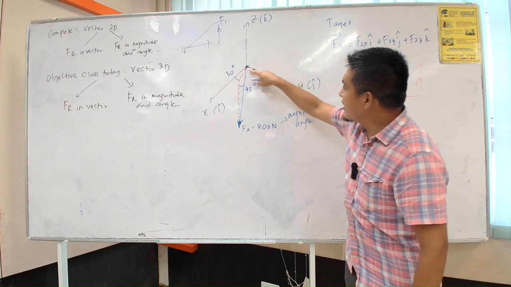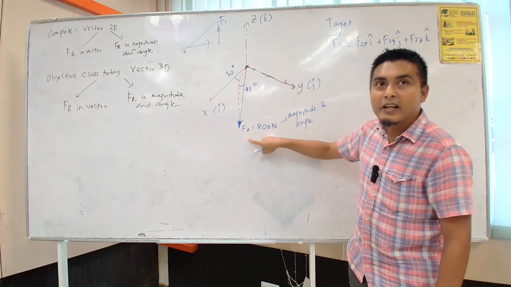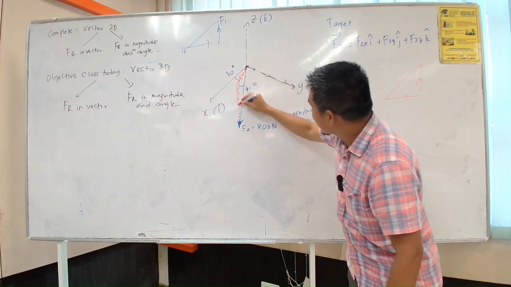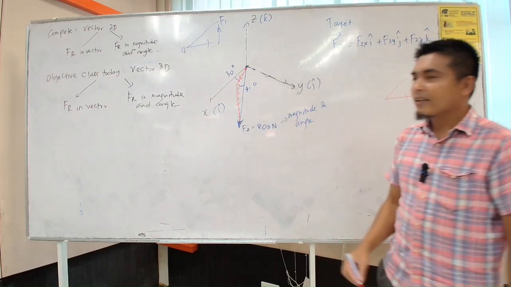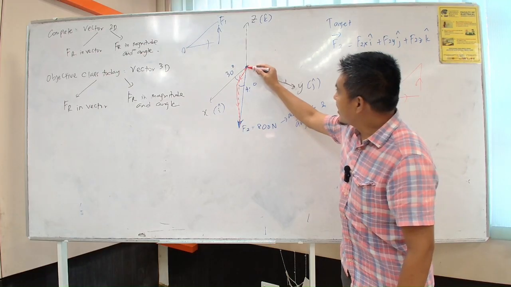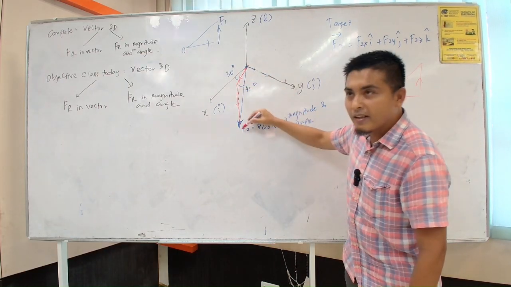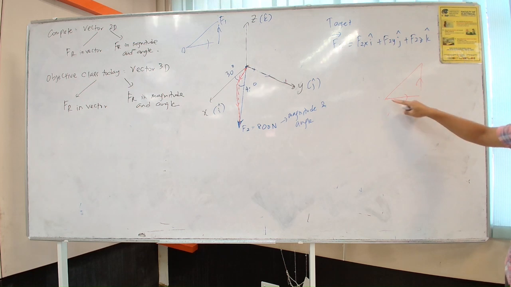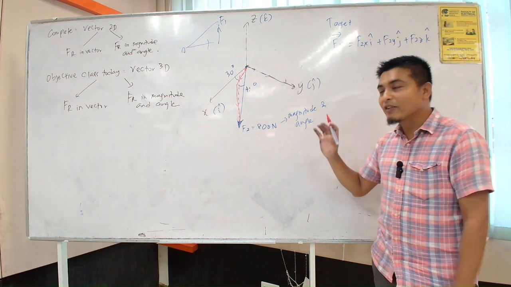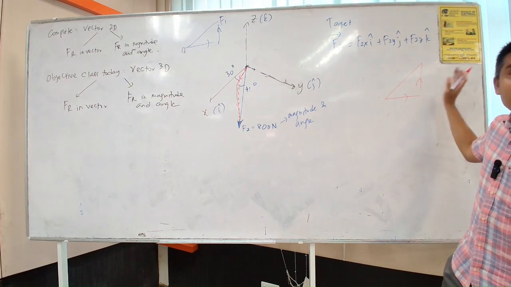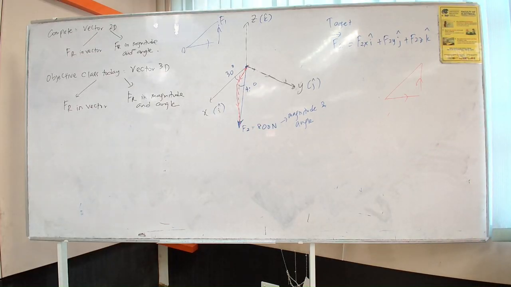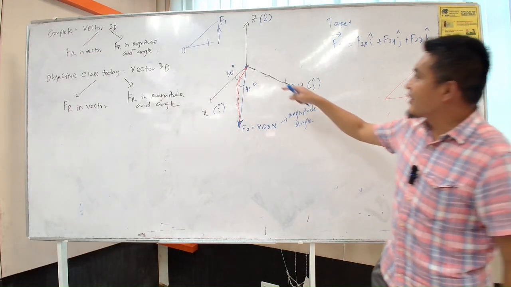So from origin to F2, what is the rectangular direction? From origin to this one and go there. In triangle form. Okay. So, you look at the direction.